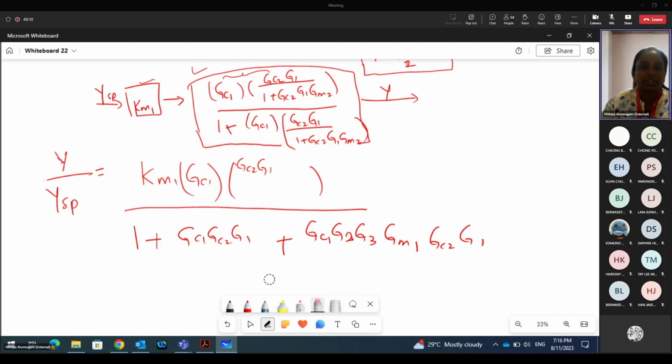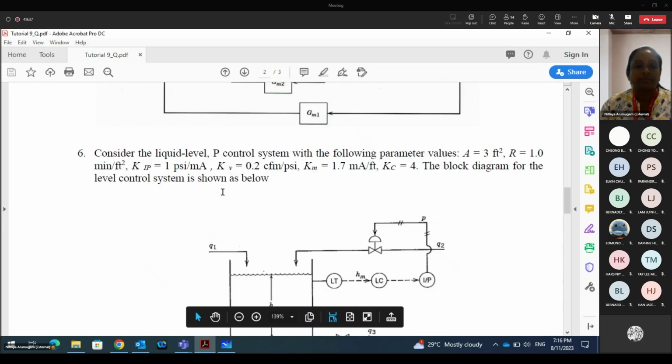So the denominator will disappear. Okay, this is the expression for Y over YSP, set point, input over the output. Okay. Next question.